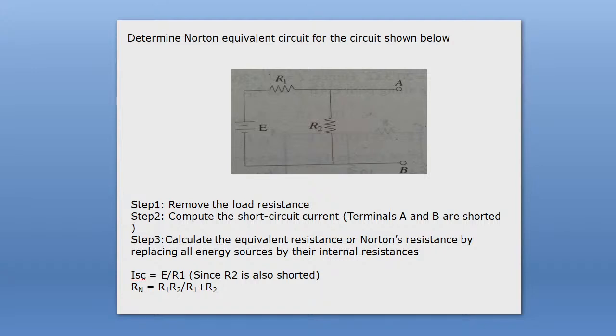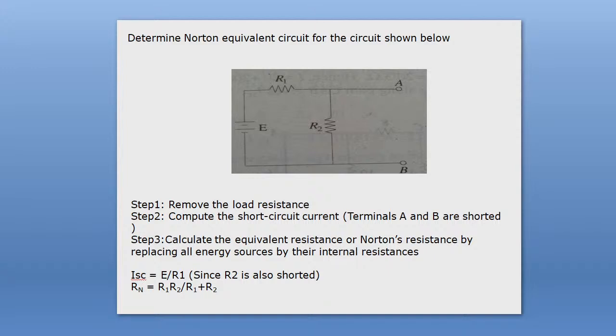Later on, we will replace all independent sources by their internal resistance in order to calculate the Norton resistance. One thing you see is that Norton resistance is the same as Thevenin resistance. Okay. So if you know the Norton resistance and current, then you can calculate current and voltage for other branches.